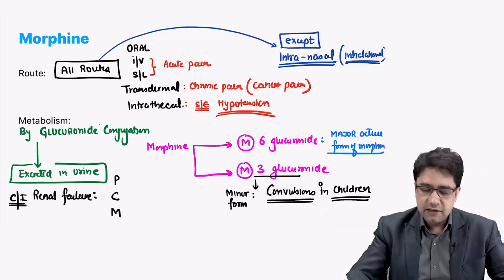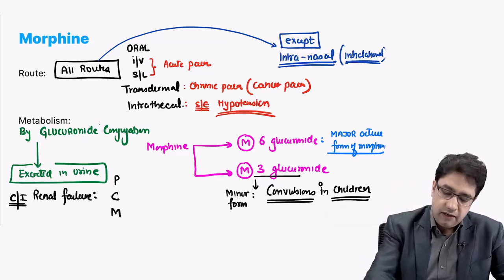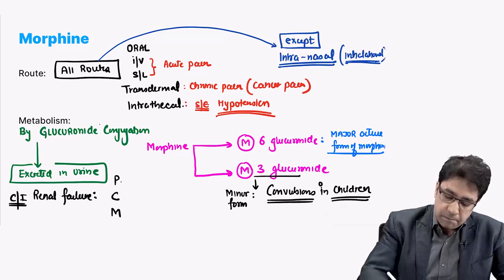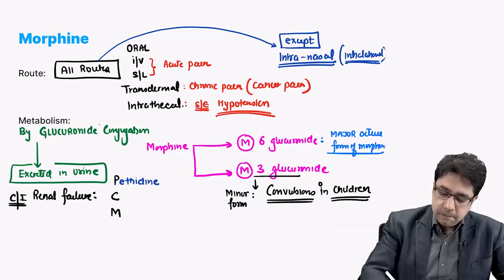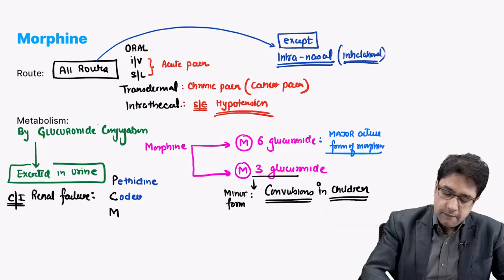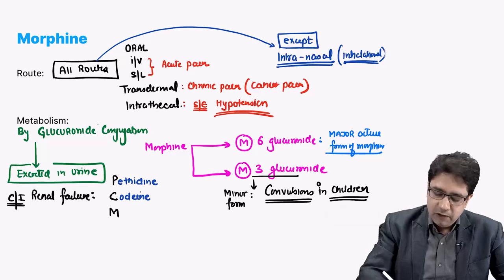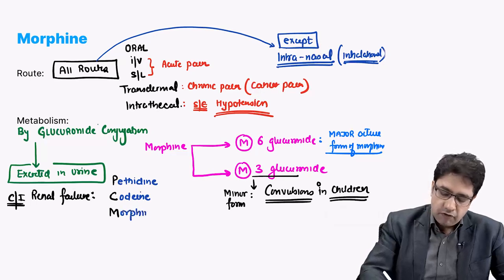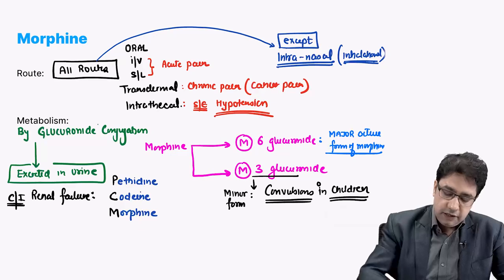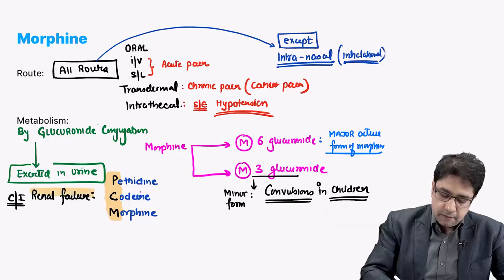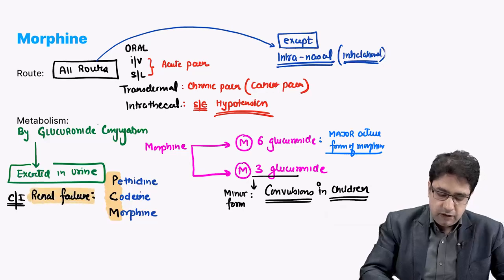Total 3 opioids are contraindicated in renal failure. So P stands for pethidine. We will see the reason for it with pethidine. Second is codeine. I will tell you codeine gets converted into morphine only. And the last drug is morphine. So the 3 opioids contraindicated in renal failure are PCM: pethidine, codeine and morphine.